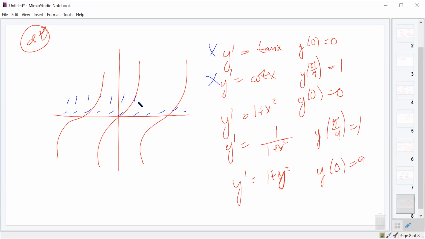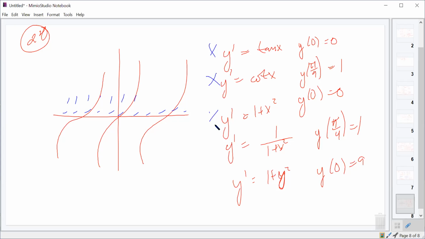Which tells us that the only thing that affects the values here is whatever y value we're at, not the x value. Because if x is 7 and y is 1, and x is 9 and y is 1, we get the same slope. And x is -2 and y is 1, we get the same slope. So only the y values are going to affect it.